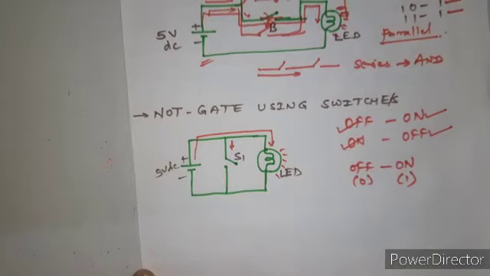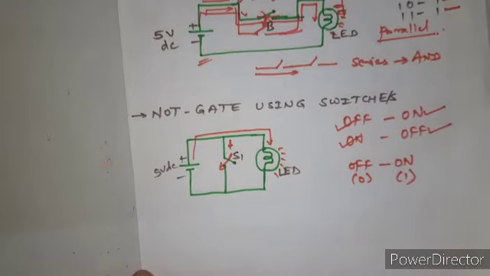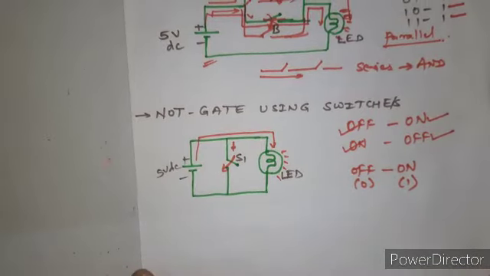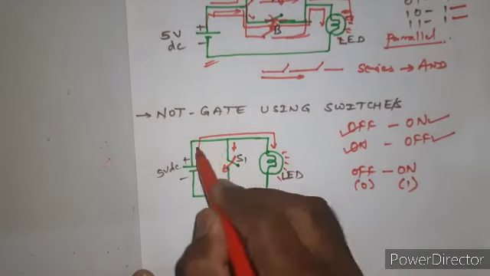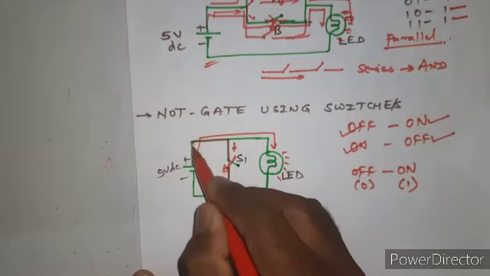Now when I close this switch, one of the students has perfectly mentioned that in her answer, right? So when the switch S is closed, this becomes the closed path, this one.